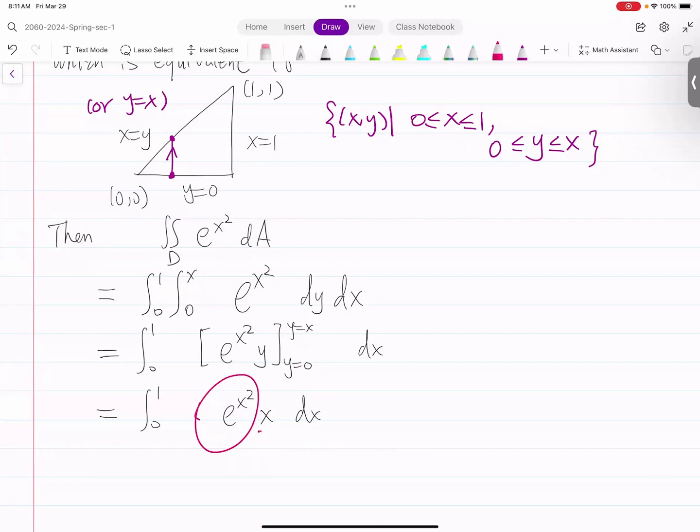Because now we have x dx, and it's giving you a hint that okay, you should use substitution, right? Because if you use u to be x squared, then du is 2x dx, right? So that's very nice. So u equals x squared. Use u.